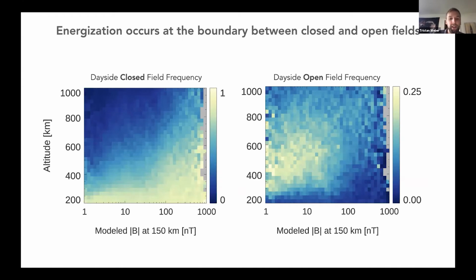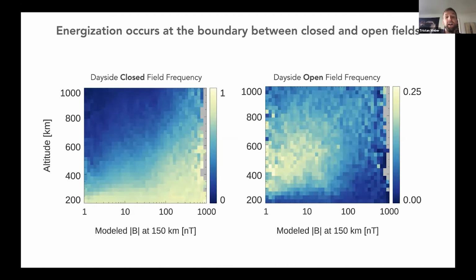As you would expect, in the lower altitudes and in the stronger crustal magnetic fields, so that's the bottom right of the plots, we see more closed fields and fewer open fields because we're in the strong crustal field regions. And then in the upper left of the plots, you see the opposite, where we're starting to see open fields more often. At the highest altitudes, you see less of both closed and open fields because that's where we mostly see draped unconnected topology, which we don't need to talk about much here.